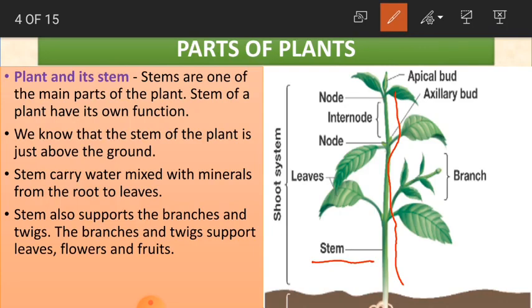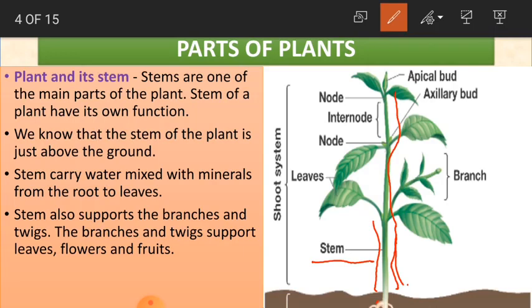We know that the stem of the plant is just above the ground. Have you seen here, children? This stem is above the ground, whereas roots are under the ground, which we cannot see. But the stem we can see. We can see the plant growing with the support of this stem. It is above the ground.